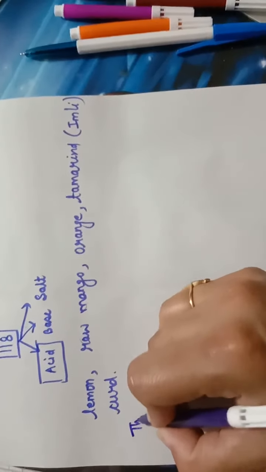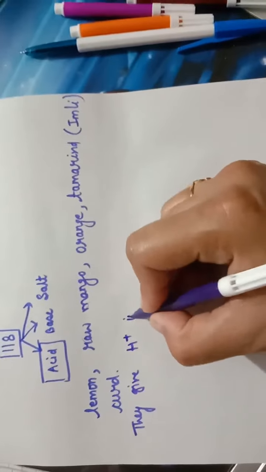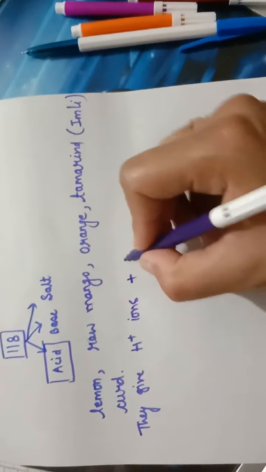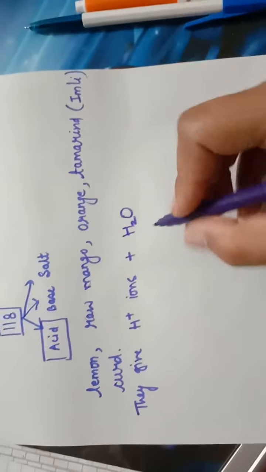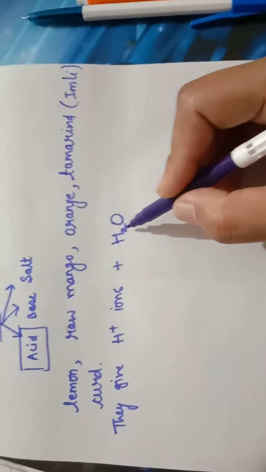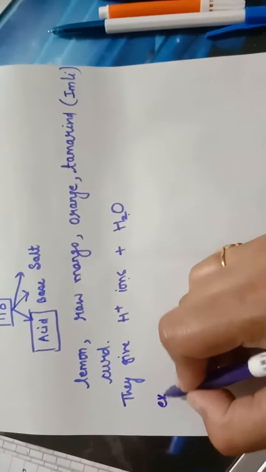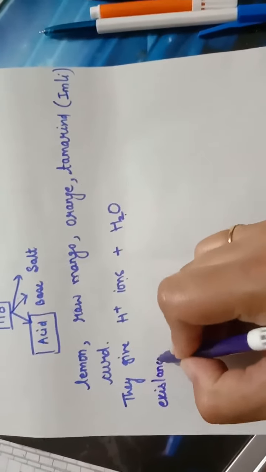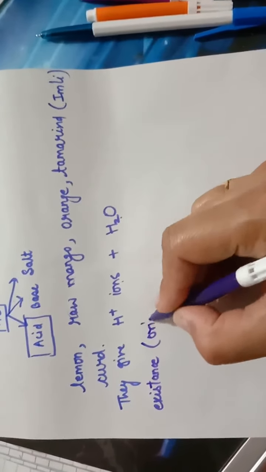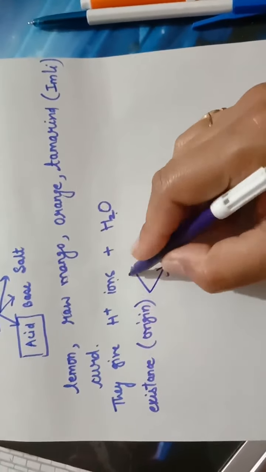Next, they give H positive ions when dissolved in water. Whenever these substances are dissolved in water, they produce H positive ions. Now, on the basis of their origin, from where they originate, acids are of two types.